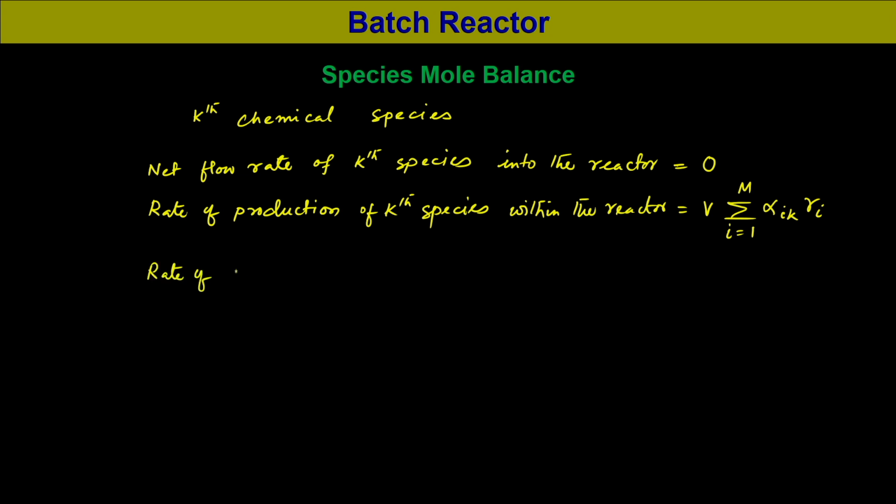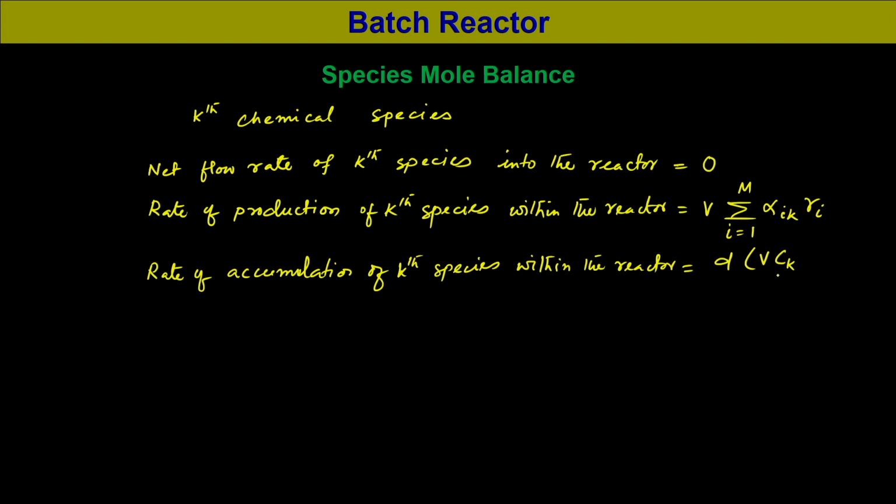Now, the rate of accumulation of kth species within the reactor would be d(V Ck)/dt, where Ck is the concentration of species k, and which we can write as V dCk/dt, since V is constant.